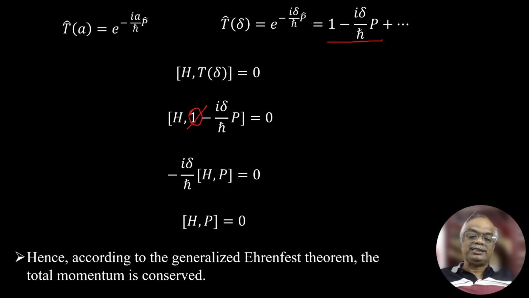The next term, minus i delta over h cross, is a constant, and this multiplication factor I am taking outside. The remaining thing is the commutator of H with P, which is equal to 0. That is, H and P commute. That means, according to the generalized Ehrenfest theorem, the total momentum is conserved because H and P commute with each other. So we have proved the second one also.